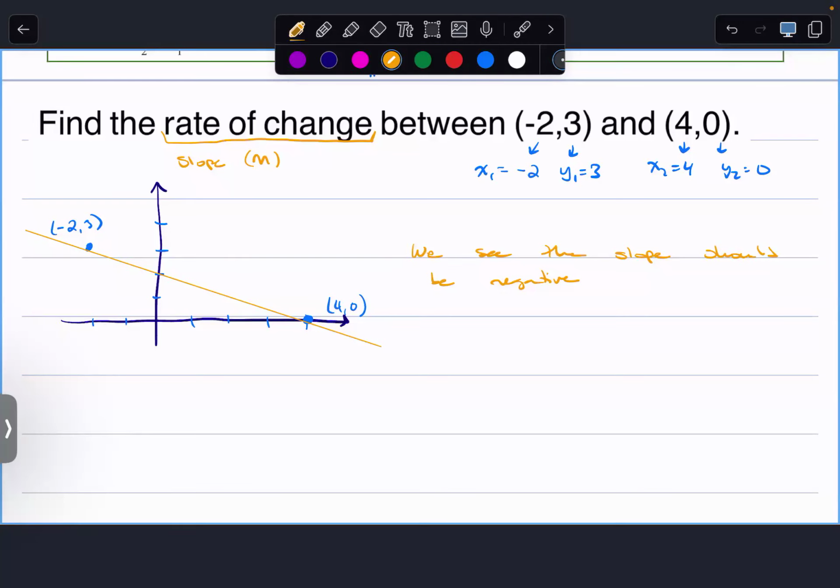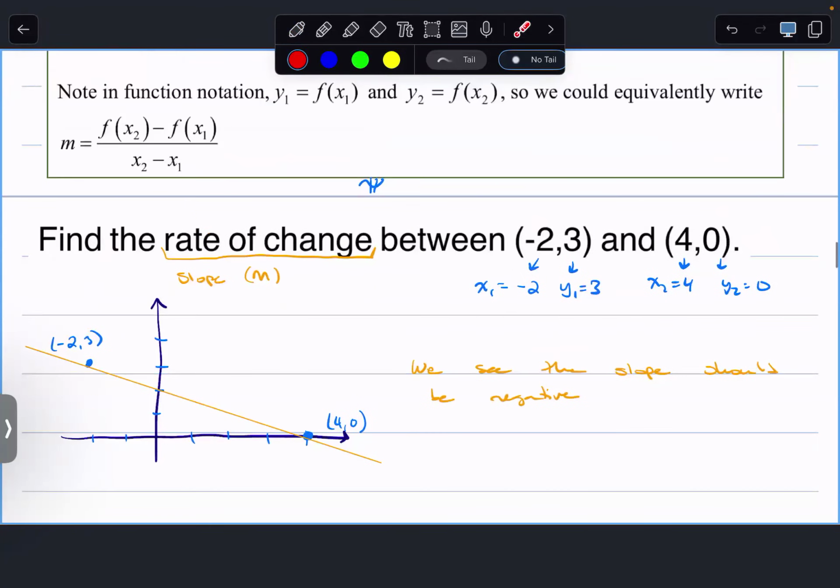Okay. You can do this as rise over run if you want. I'll use the formula. I'm going to use this equation here, where f of x1 is y1 and f of x2 is y2, of course. So here, this is f of x1, and this is f of x2.